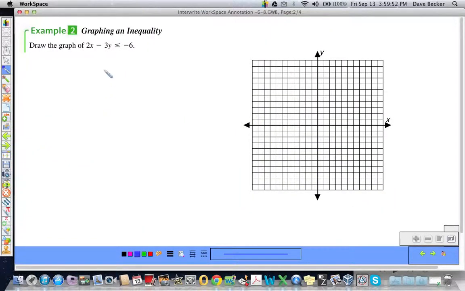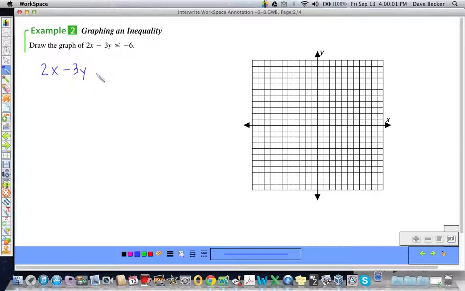Next question. Draw the graph of 2x minus 3y is less than or equal to negative 6. So again, I'm going to graph the line 2x minus 3y equals negative 6. I'm going to find my x-intercept by letting y be 0. So that would be 2x minus 3 times 0 equals negative 6.